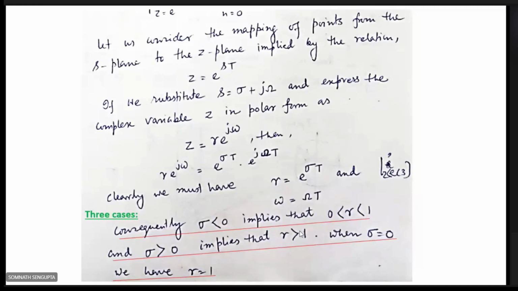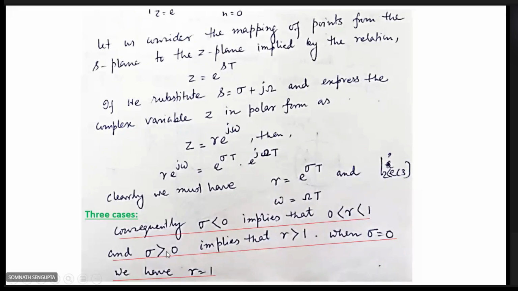Now from this relation, if sigma is less than 0, what happens? Since e is greater than 1, that is in between 2 and 3, e to the power a negative value means a fraction, which is less than 1. So R, that radius, will be in between 0 and 1, so the points in the left half S plane, that is sigma less than 0, are within the unit circle.